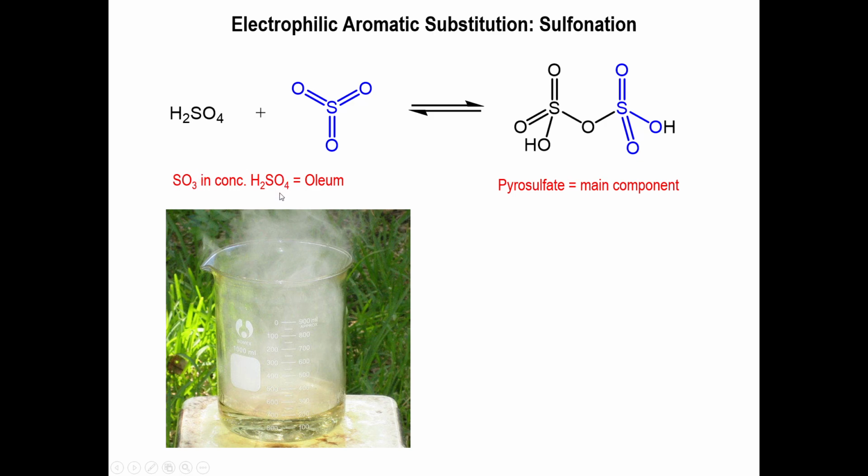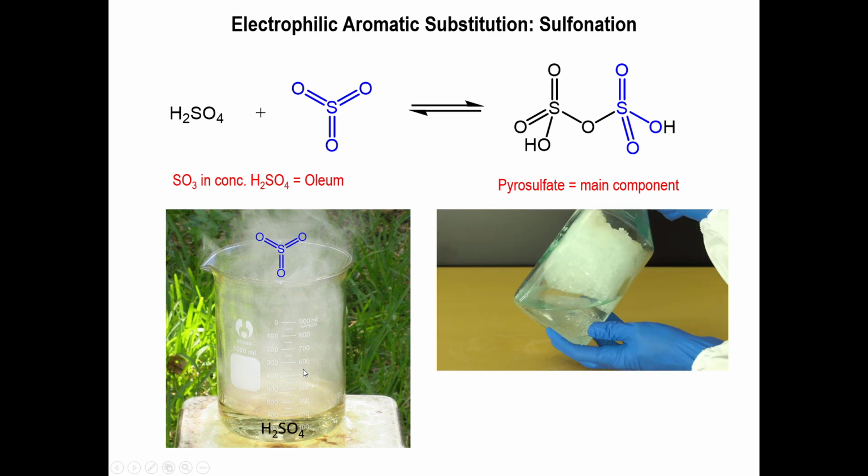And a good chunk of the mixture is the pyrosulfate. Now, the interesting and cool thing about this is that the phases do change as a result of the changes in molecular weights. So you have the sulfuric acid in your liquid solution, and the sulfur trioxide is the vapor that you're seeing emanating from the mixture.